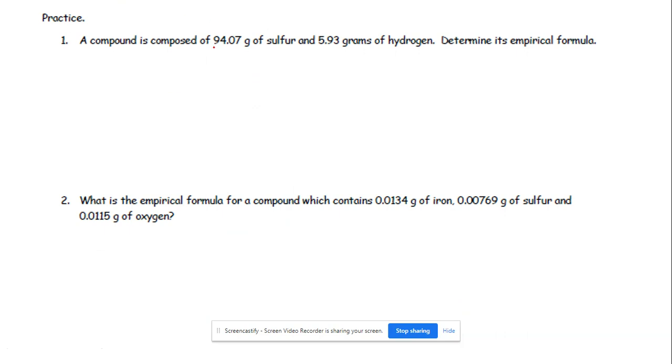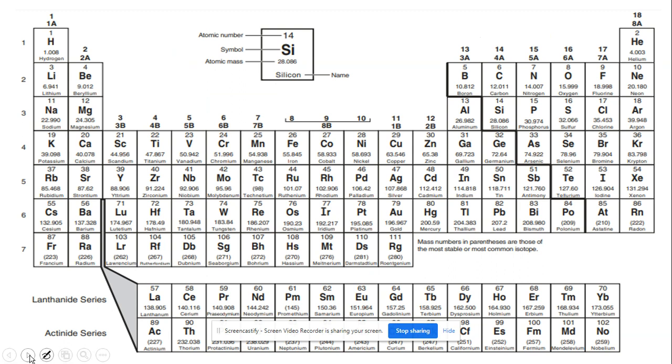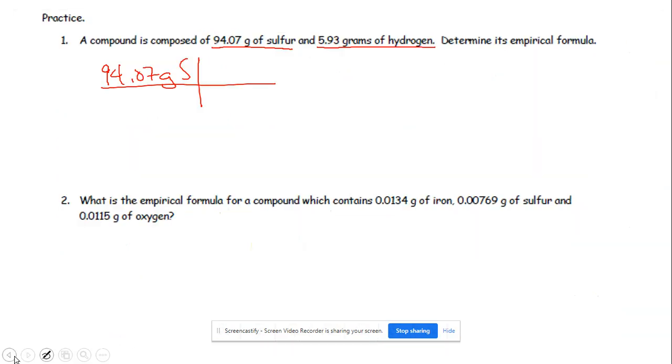I've got 94.07 grams of sulfur, 5.93 grams of hydrogen. So step 1 is always to convert those to moles first. Looking at our handy-dandy periodic table, sulfur has a mass of 32.066 per mole.